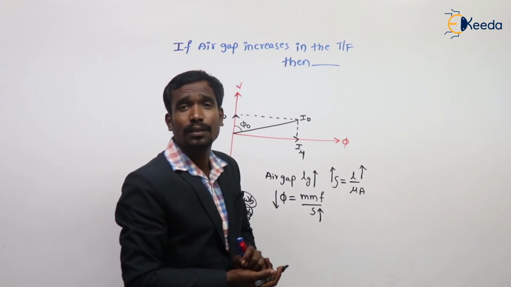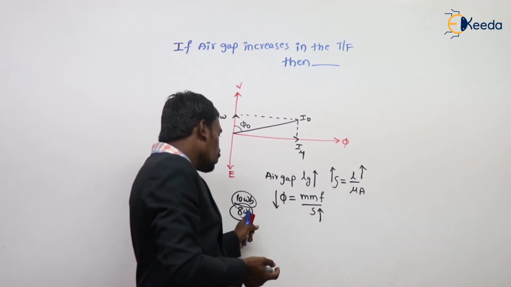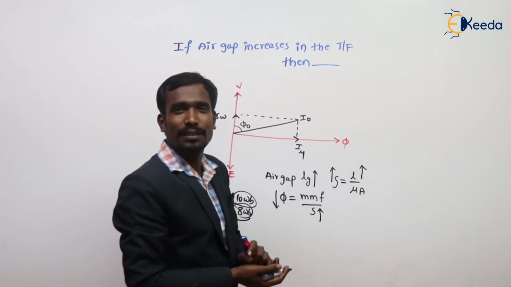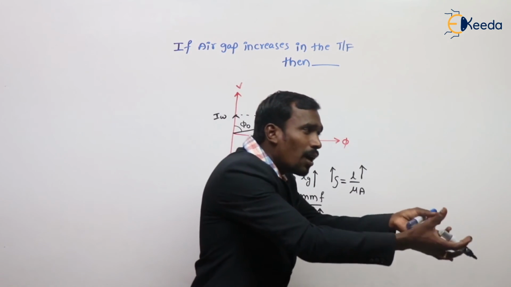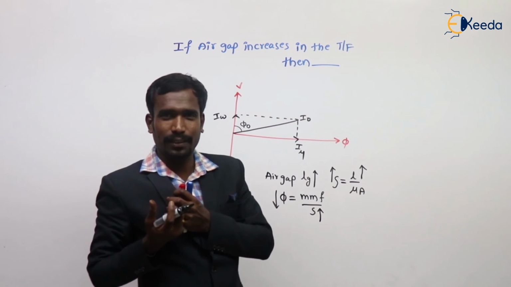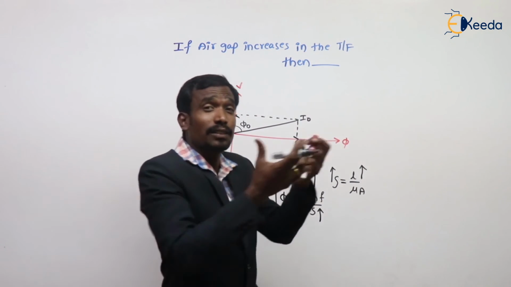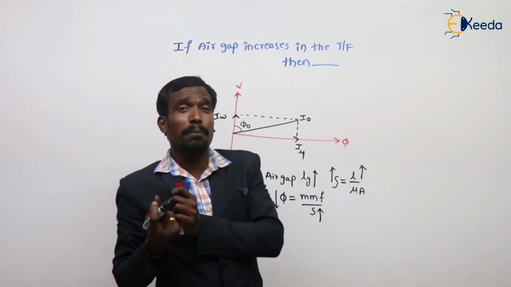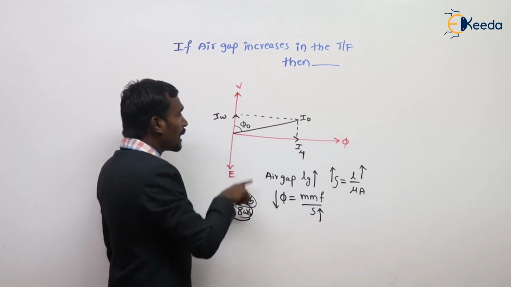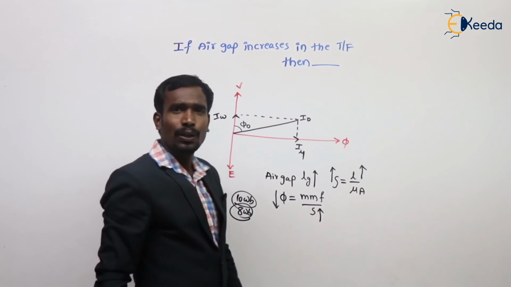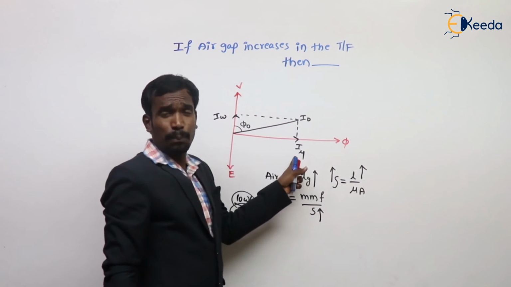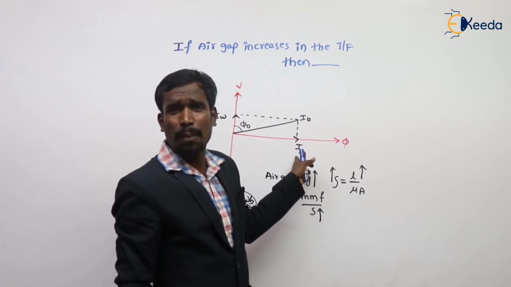Then what happened? To compensate this 2 Webers of flux, the transformer draws more current from the supply, which is the flux component, I mu. I mu is the flux component, the magnetizing component, right?